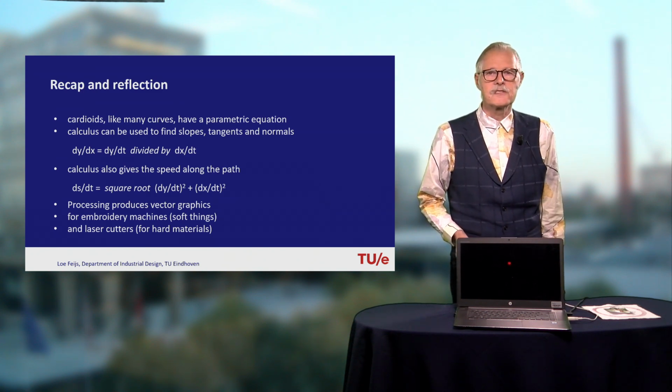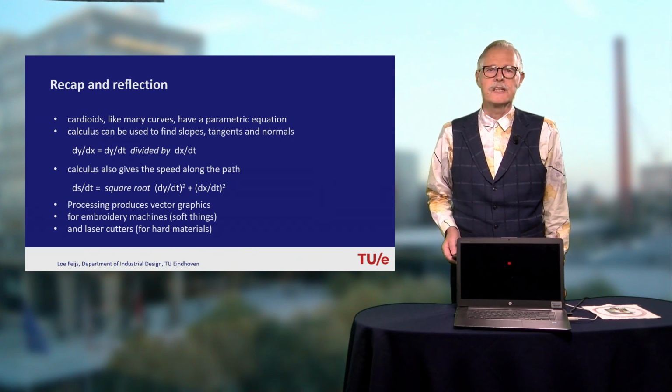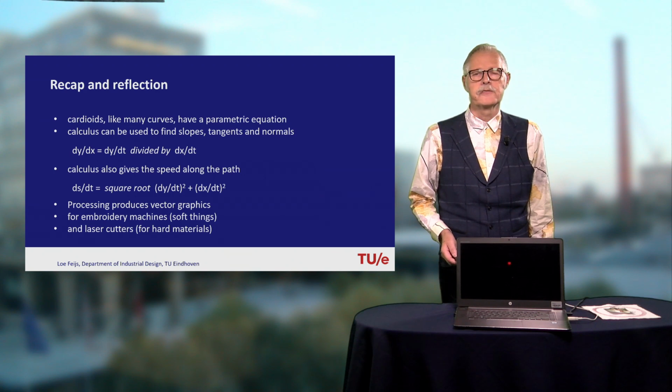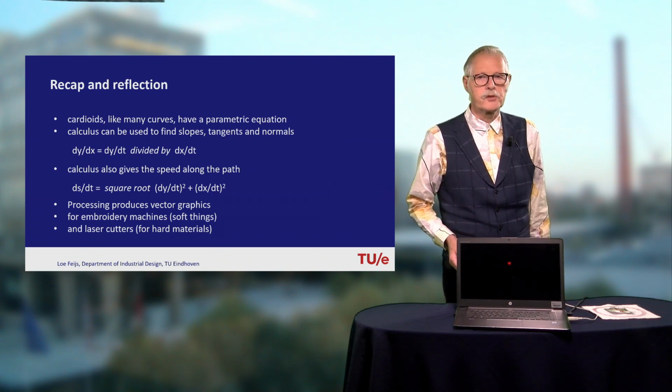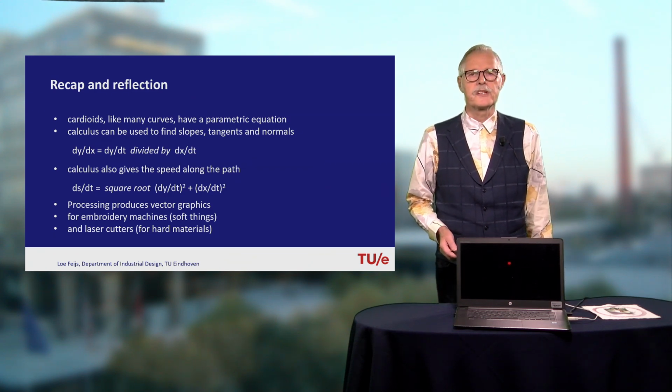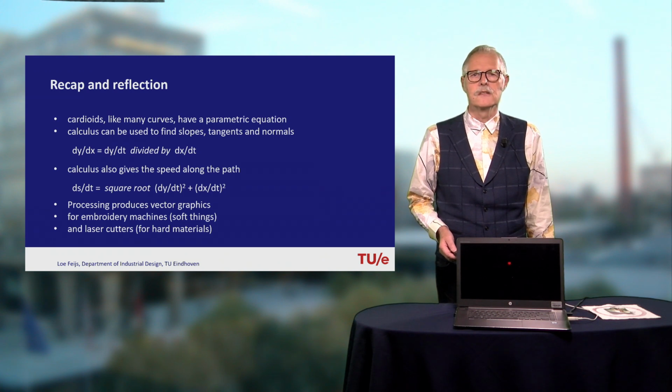Calculus also gives us the speed along the path. ds/dt is a kind of Pythagoras formula involving the two derivatives with respect to t. Of course, we use the PDF library, then Processing produces vector graphics, which can be used for embroidery machines. As I showed you, you can make soft things, or use laser cutters for harder materials.